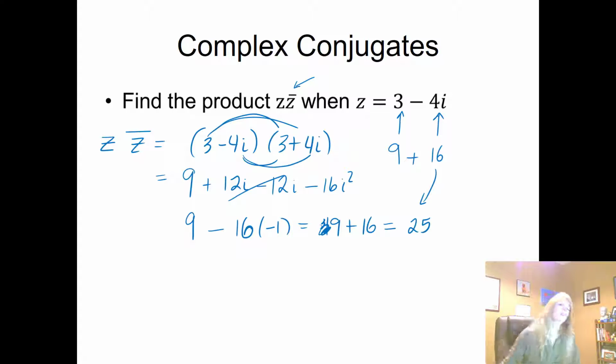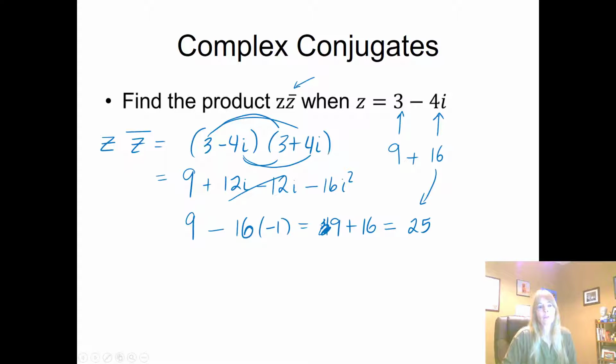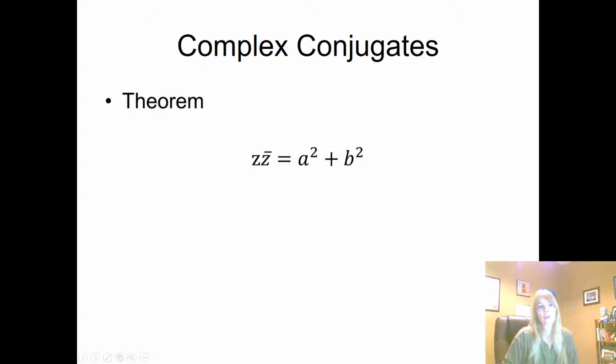A nice little trick to not have to always multiply these out. This is the same as in algebra, a plus b times a minus b. So what I just mentioned is that when you multiply a complex number by its conjugate, all you have to do is square the first term, square the second term, and add them together.